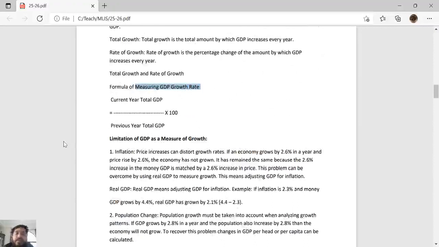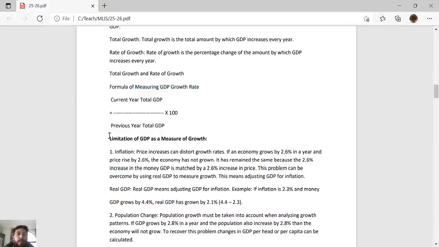GDP is something by which we can understand the situation of economic growth. If GDP is high, then we can say that the economy is doing well. But if the GDP is low, that means we are not producing much, so we are not earning much, and we won't be able to afford our expenditure. So it will be a negative effect.